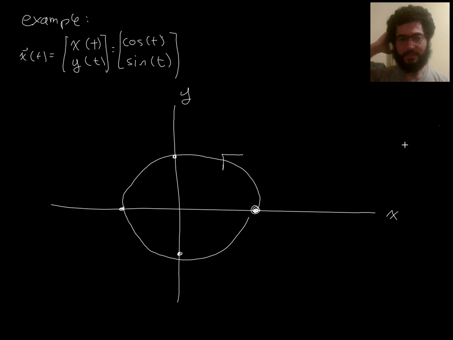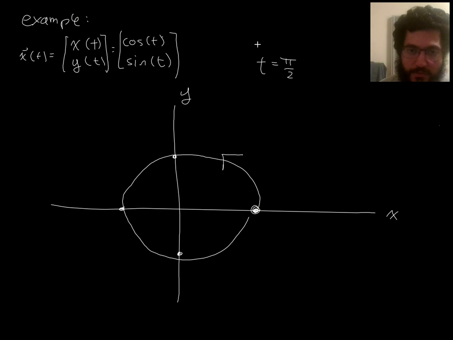Okay, but the point of this example was actually to show you what is meant by the velocity vector when we take the derivative. Let's pick a particular time to focus on: time equals pi over 2. First I'm going to look at the position, in blue.